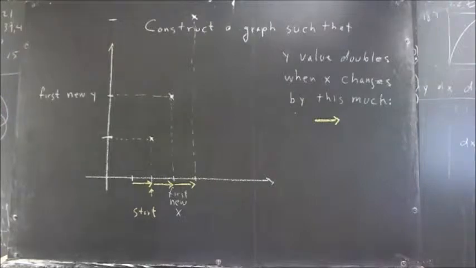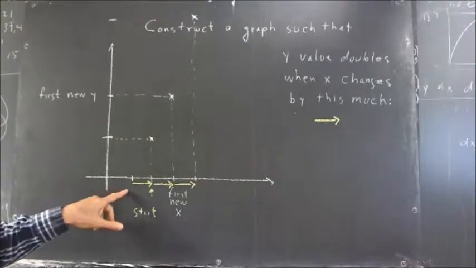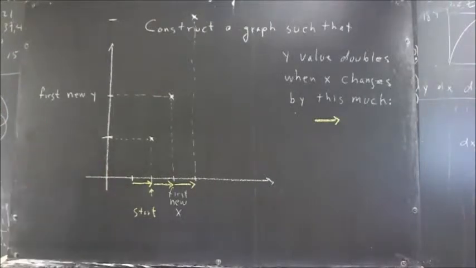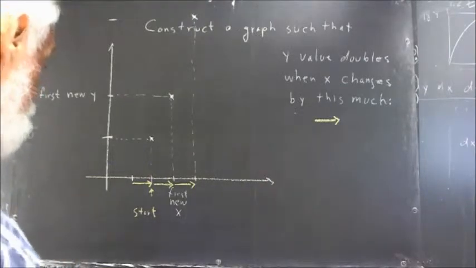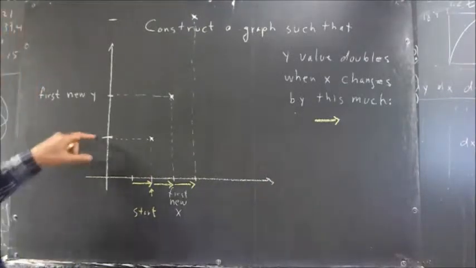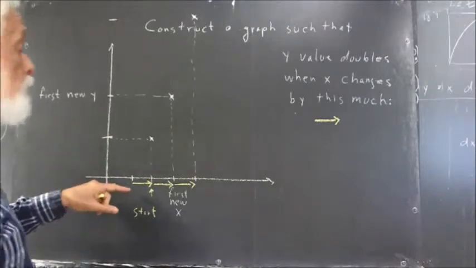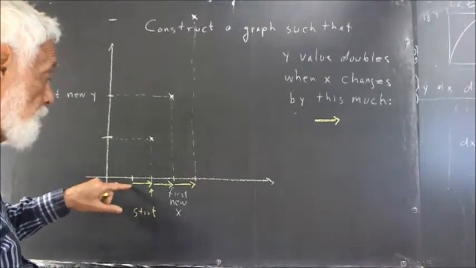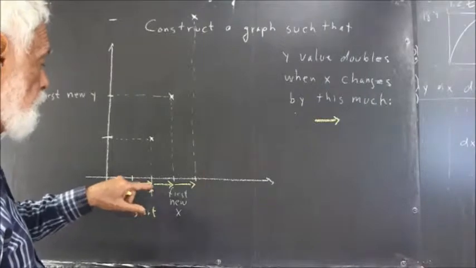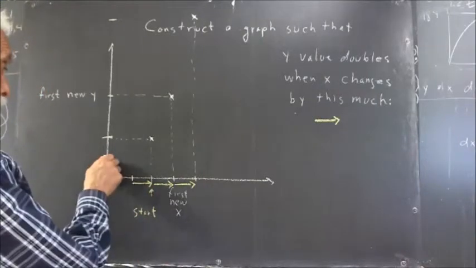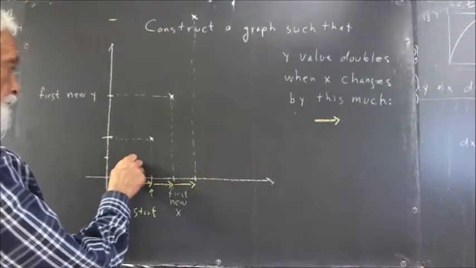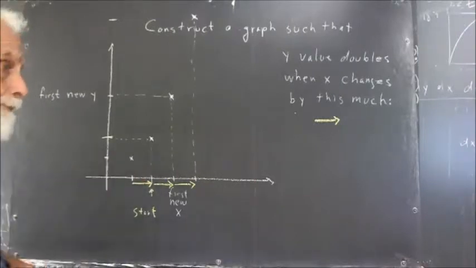And the value of y, what should be the value of y for this value of x? How are we going to construct it? Okay, well, it should be clear that you construct that value of y by cutting this one in half. Since the value of y has to double between here and here, if you go from here back to here, it's going to have to cut in half. So we cut it in half, and we get this point.